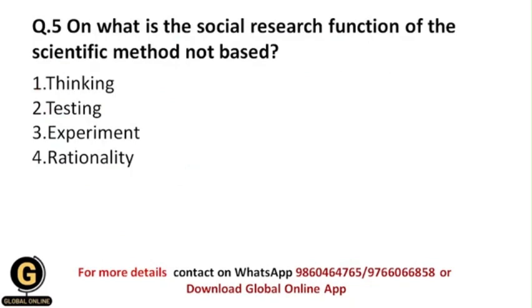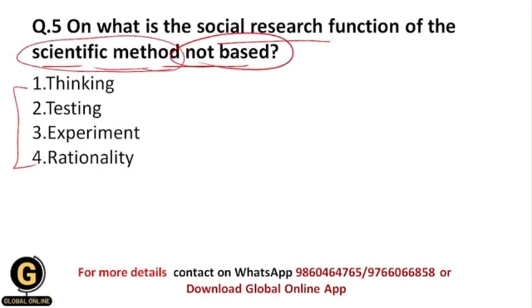On what is the social research function of the scientific method not based? So from these options, which is the option on which the social research function of the scientific method is not dependent, or not based? Okay, so students, all of you know what the scientific method is. Basically the scientific method is a very systematic method, and it follows step-by-step procedures, and we are going to see those procedures in the upcoming videos.